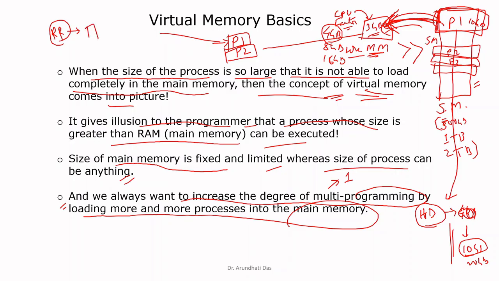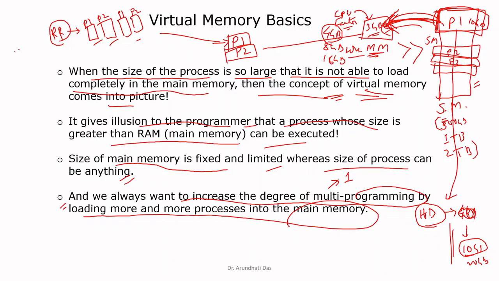I give some time to process P1, then I give another slot to process P2, again I give it to P1, again to P2. So to the user, it gives the illusion that P1 and P2 are happening in parallel, but actually it is happening in a concurrent manner.